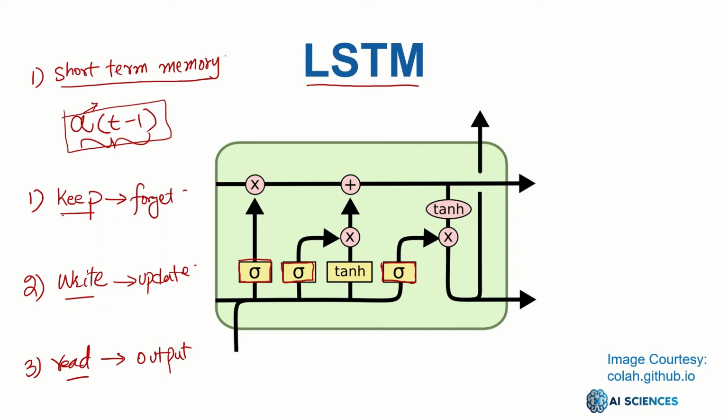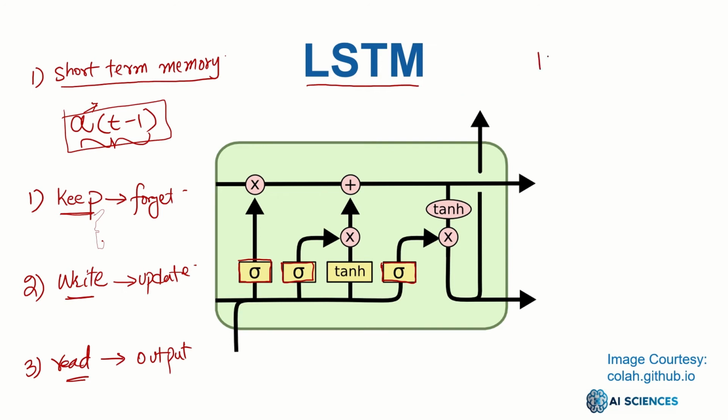By the way, I have borrowed these words keep, write, and read for LSTM from Geoffrey Hinton, a big name in deep learning. In his video lectures and slides, he used the words keep, write, read instead of forget, update, and output. So I'm using keep, write, read just for illustration.